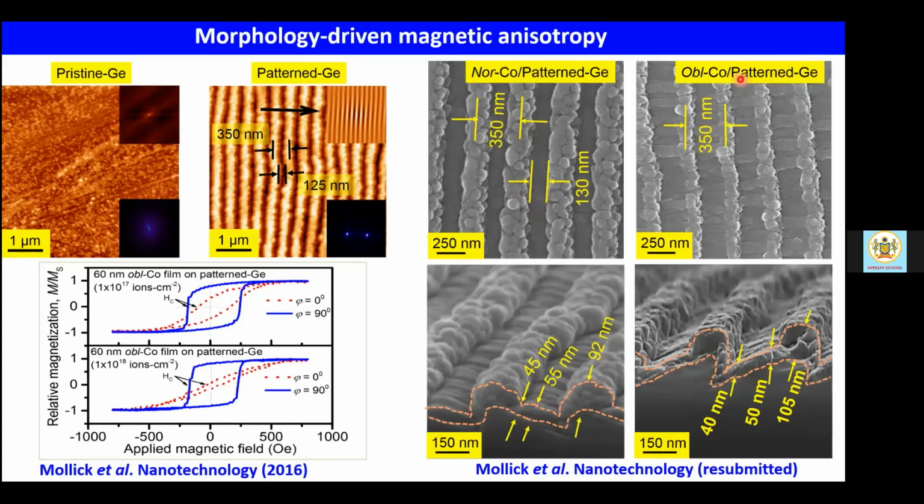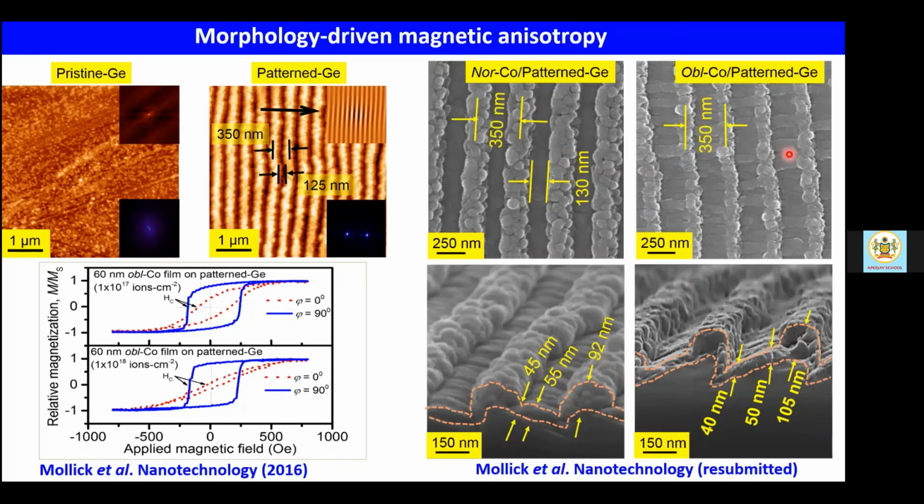But for obliquely deposited cobalt films at an angle of 30 degrees, 60 degrees, etc., we get to see how these columnar structures form. Ridges become thinner, very clear. Wavelength remains the same, but the width of the ridges reduces categorically.